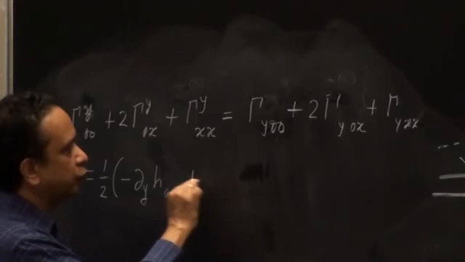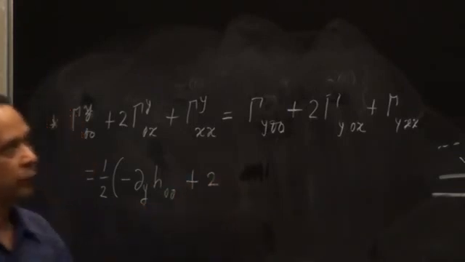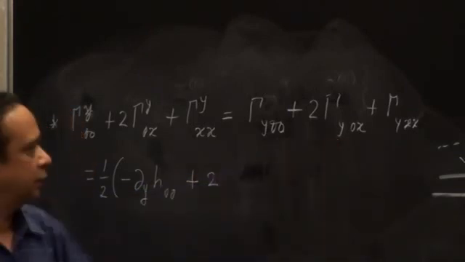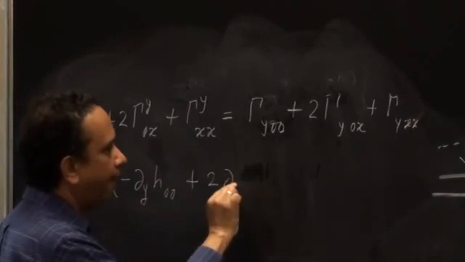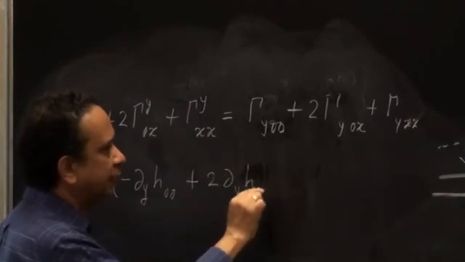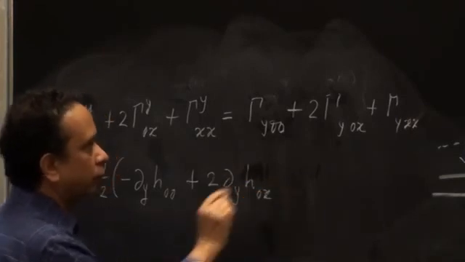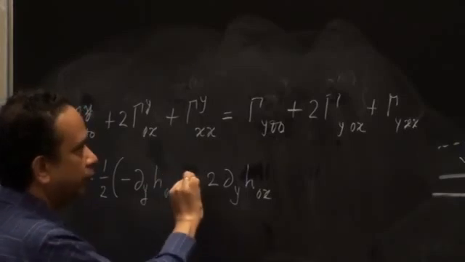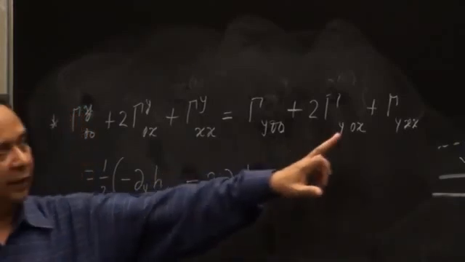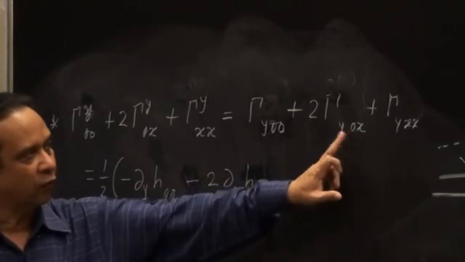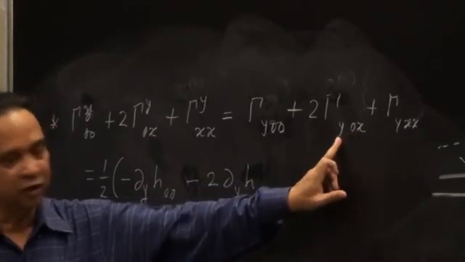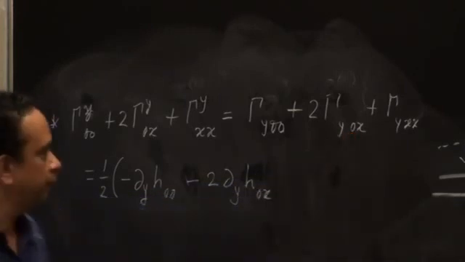Then I get 2 times, in this again, the derivative with respect to y of h_0x with a minus sign. Then the remaining terms are ∂_0 of h_yx and ∂_x of h_0y, which are not perturbed.